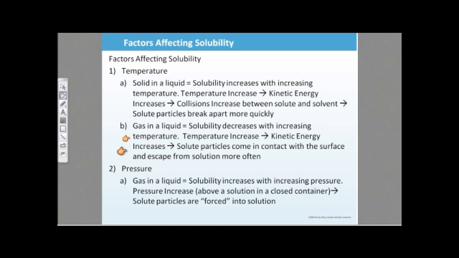So by increasing the temperature and the molecules are moving faster, those gas particles are able to escape more easily, so you're actually going to end up with less gas in solution.